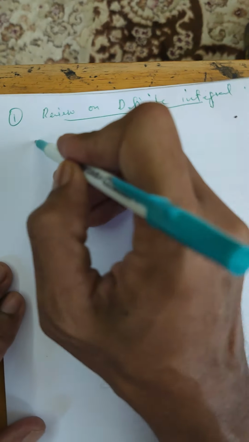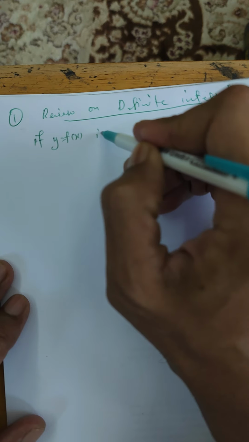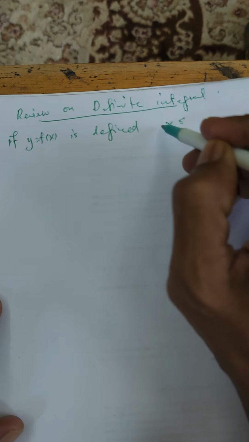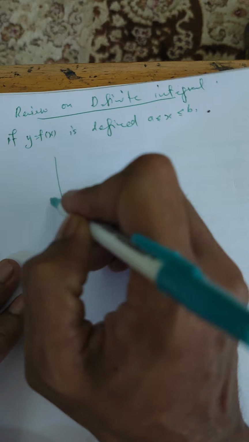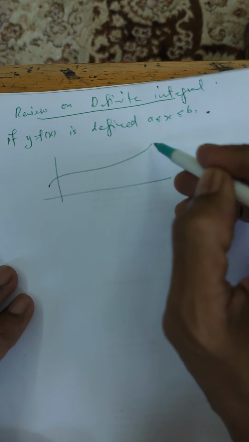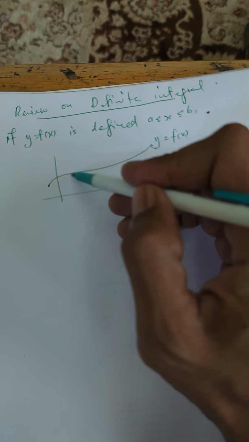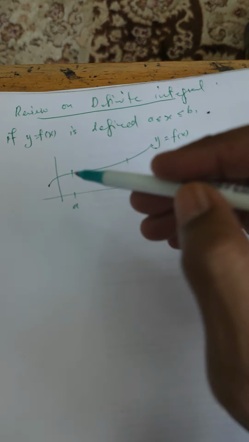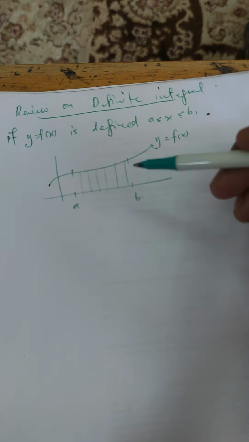Alright, for the function, let's say a function f(x), or I can say y equal to f(x), is defined on the interval [a, b]. So if we have this function y = f(x), a well-defined function between interval a and b, what we do is split this into n sub-intervals.